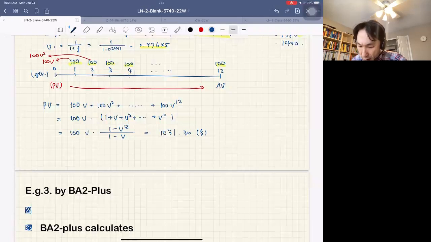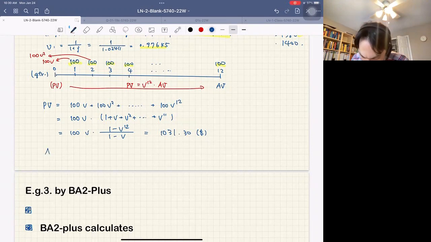Then we calculated the PV, so now we want to calculate the AV. The AV accumulates 12 quarters of interest, so PV is V to the 12th power times AV, or AV is PV times V to the negative 12th power.